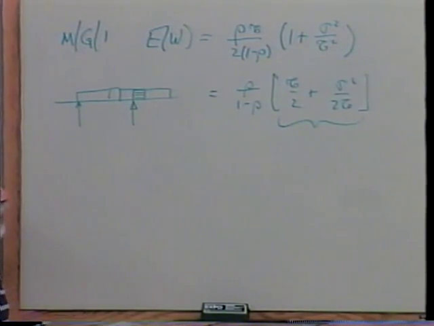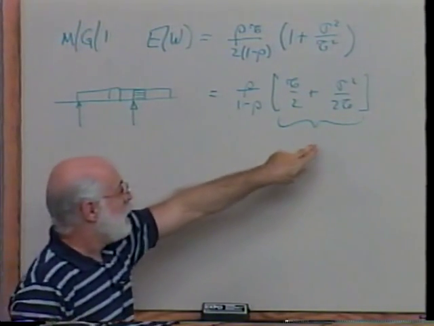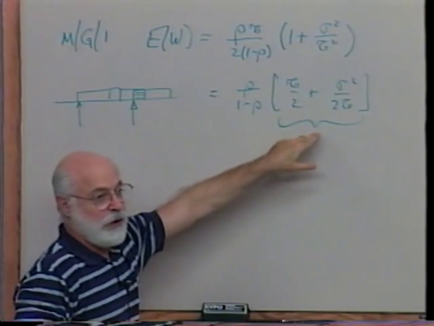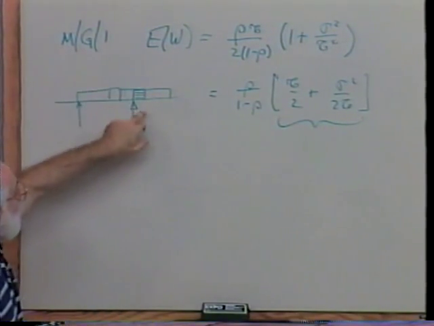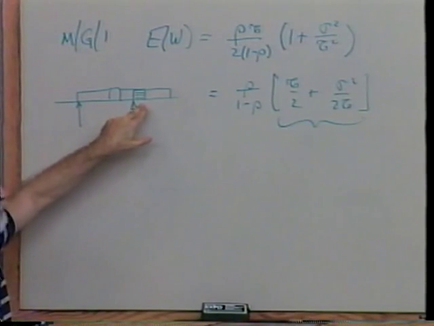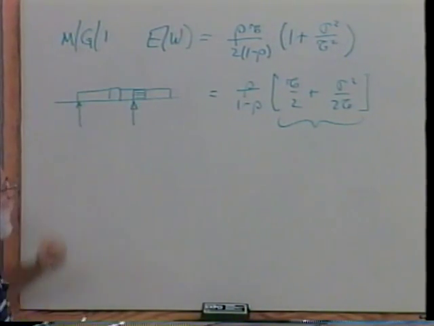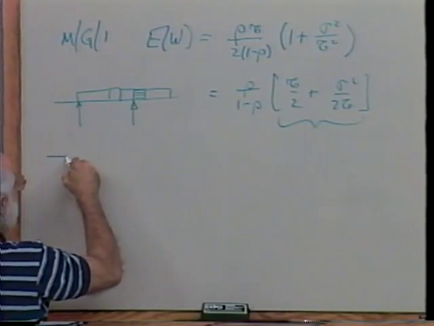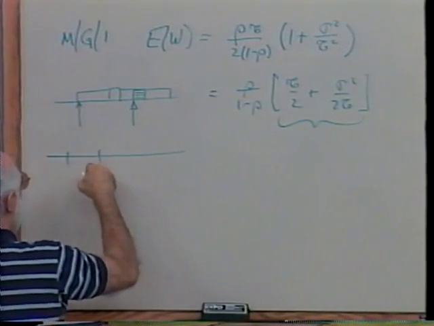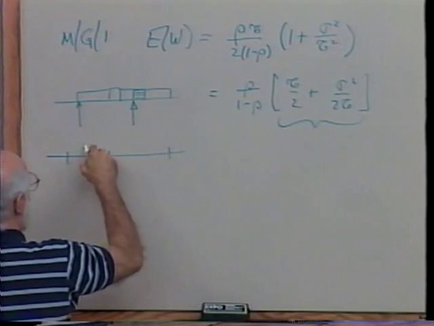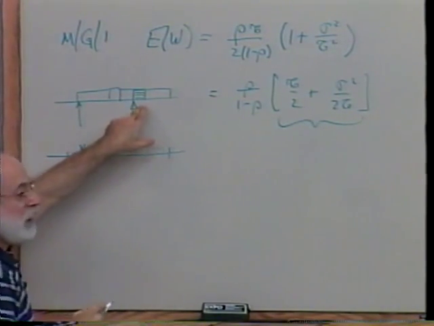But surprisingly, all of that works out to have just a piece here which represents the remainder of the interrupted service time if in fact the process were a renewal process. That is, if in a renewal process, these x's corresponded to the service times.